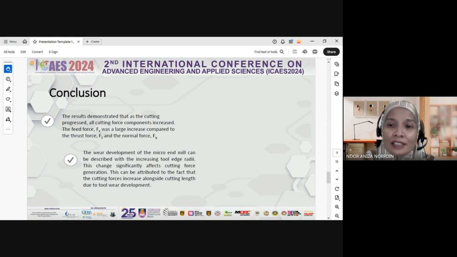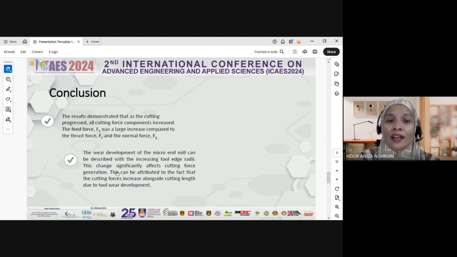Right, the results of this study were analyzed in terms of cutting force and also the tool wear. The following conclusions were made based on the objective of the study that has been successfully carried out in the simulation work of micro milling of AISI D2 steel. Okay, for the cutting force, the result demonstrated that as the cutting progressed, all the cutting force components increased. The feed force Fx had a large increase compared to the thrust force Fz and the normal force Fy.